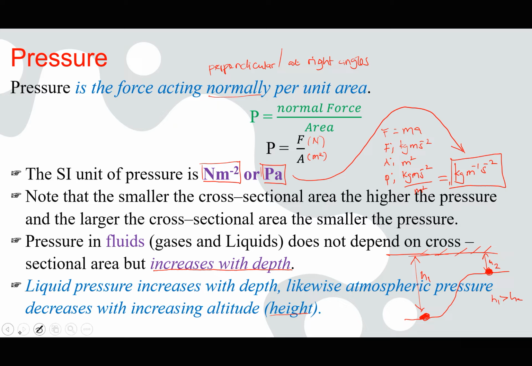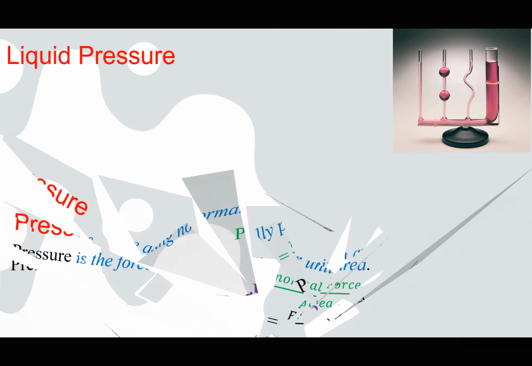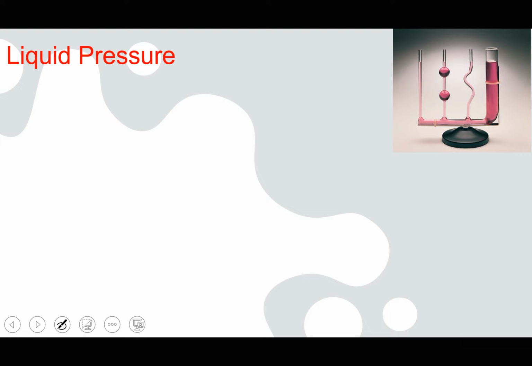Okay, let's explore liquid pressure then. If you pour a liquid into a container which has several shapes, but all shapes open to the atmosphere, the liquid will flow through. Even if I pour it from, say, this end here, the liquid will flow through, and at the end of it all, the liquid in all the shapes will settle at the same level.